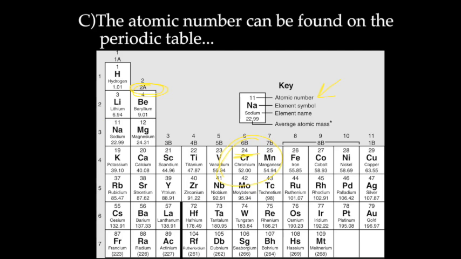And every single sodium atom will have 11 protons because it has an atomic number of 11. So now, let me ask you this. If you run into a sodium atom, you know it has 11 protons. What else do you know? If it's a sodium atom and it has 11 protons, it also has 11 electrons.